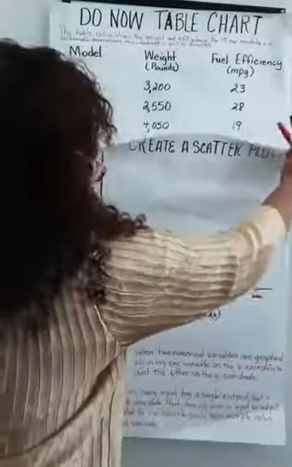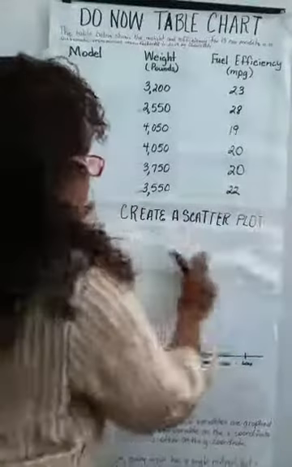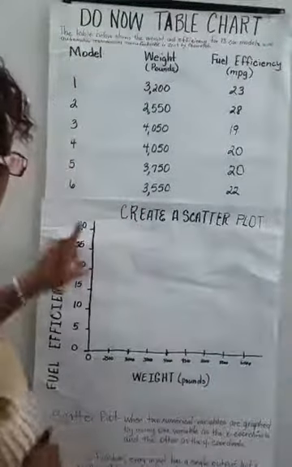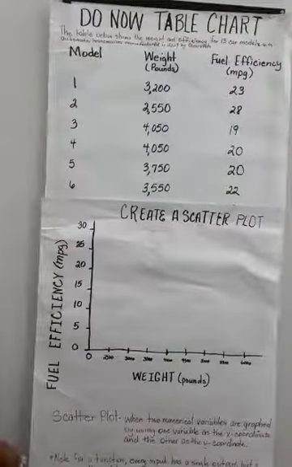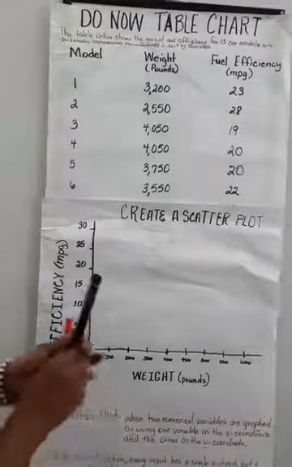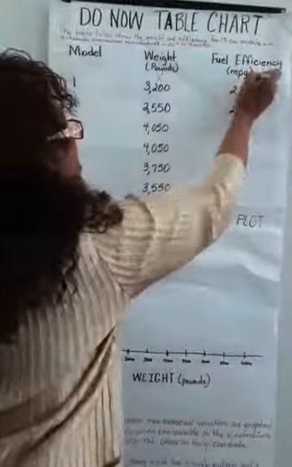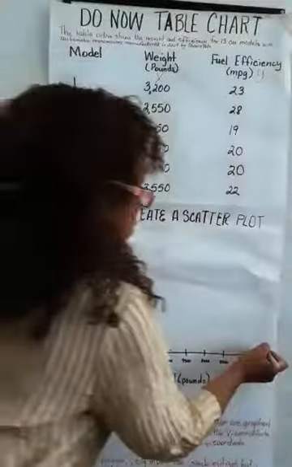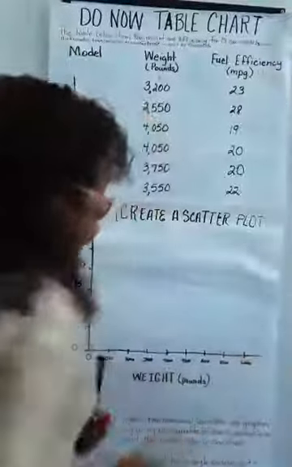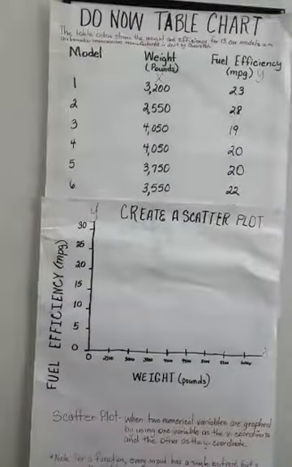I tell you what. Let's just plot the first 6. Let's just use it and see if we can plot these. This is your X and this is your Y. Let's plot these points. Think of it as an ordered pair.